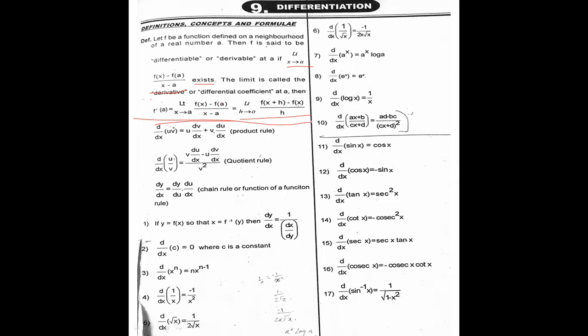Now, there are two rules, the UV rule and the U by V rule. The UV rule is u v dash plus v u dash. Instead of d by dx of v, I am writing v dash, and instead of du by dx, I am writing u dash.